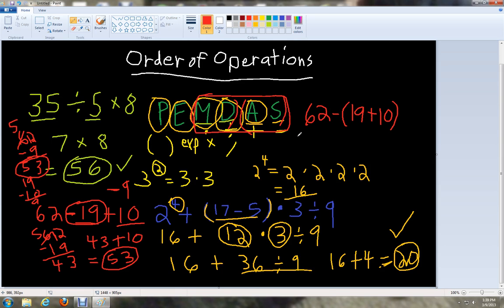Now, this will give you a different answer, because you have to do parentheses first. You have to do 19 plus 10, and that's going to be 29. And then you do 62 minus 29.